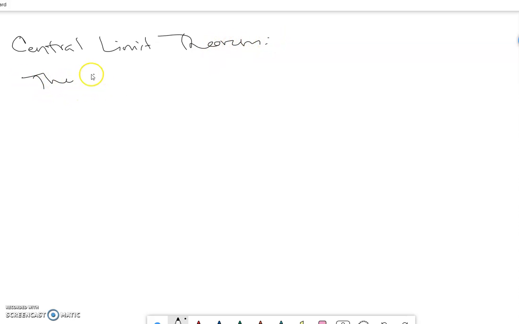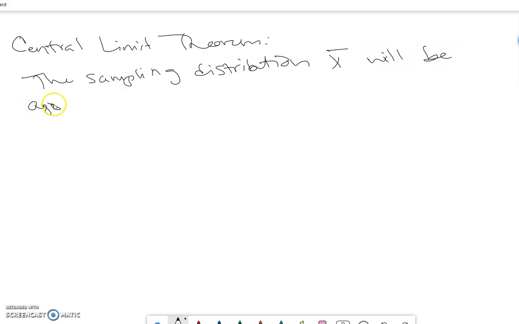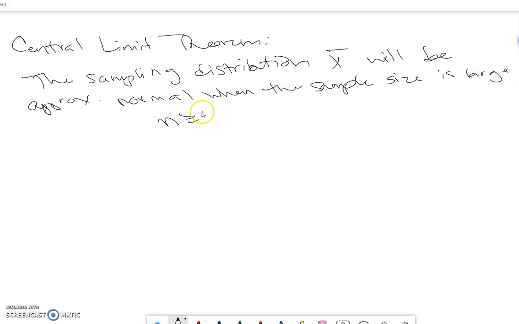The sampling distribution of the sample means will be approximately normal when the sample size is large. And we are arbitrarily saying that that's when n is greater than or equal to 30.